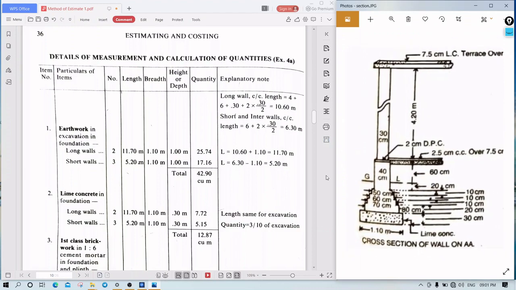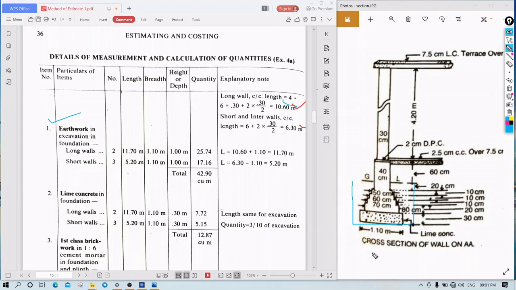We got the center line length, 10.60 and 6.30. First, what is the work we need to know? Earthwork in excavation. The first item of work is earthwork in excavation, so this is the excavation we need to know.